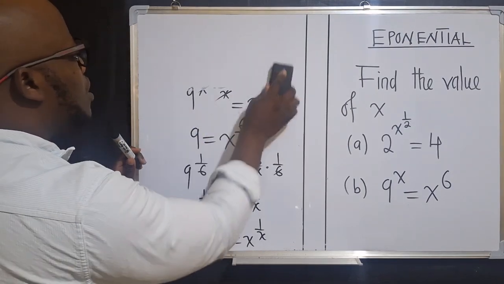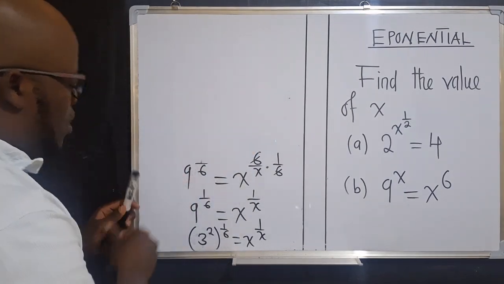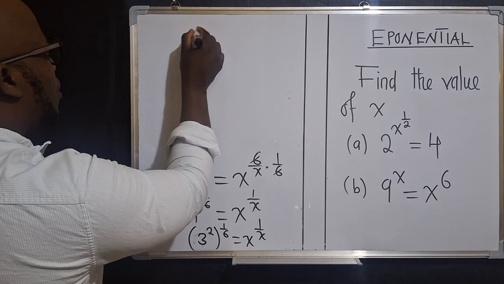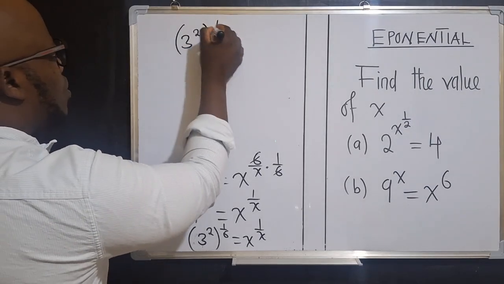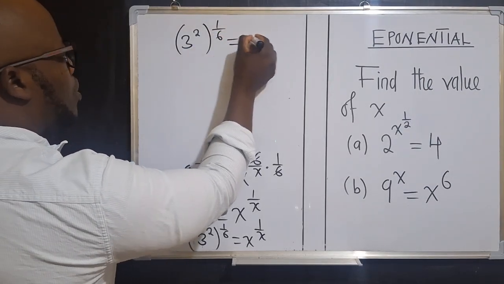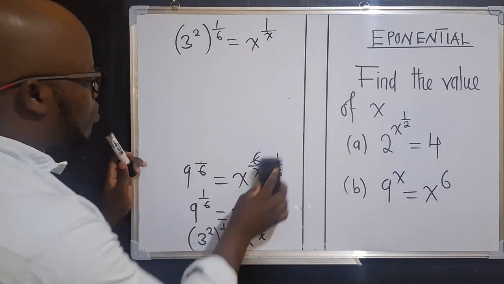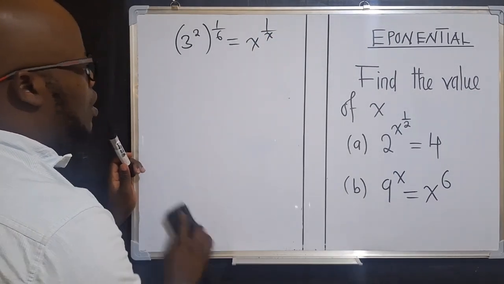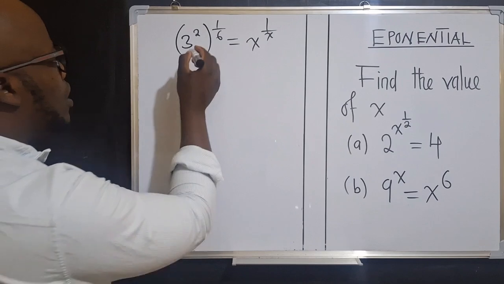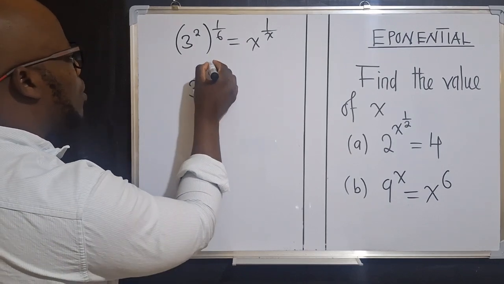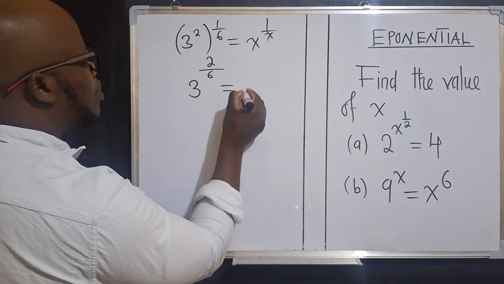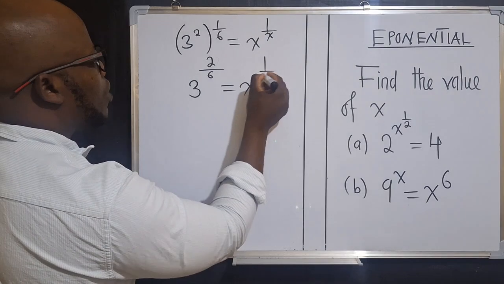Let me erase here. I'm running out of space. So I've got 3 power 2, all power 1 over 6, is equal to x power 1 over x. Okay? So once you do that, this will be 3 power 2 over 6 is equal to x power 1 over x.